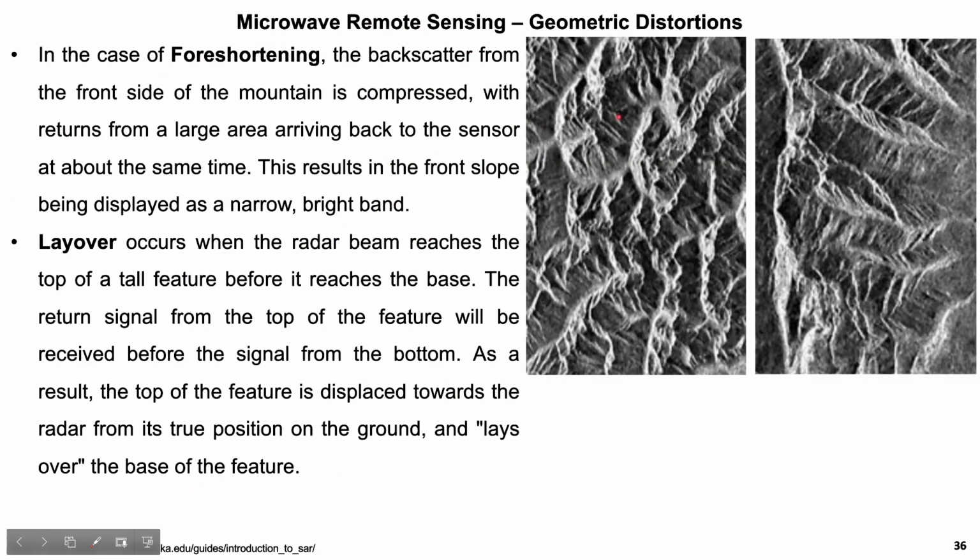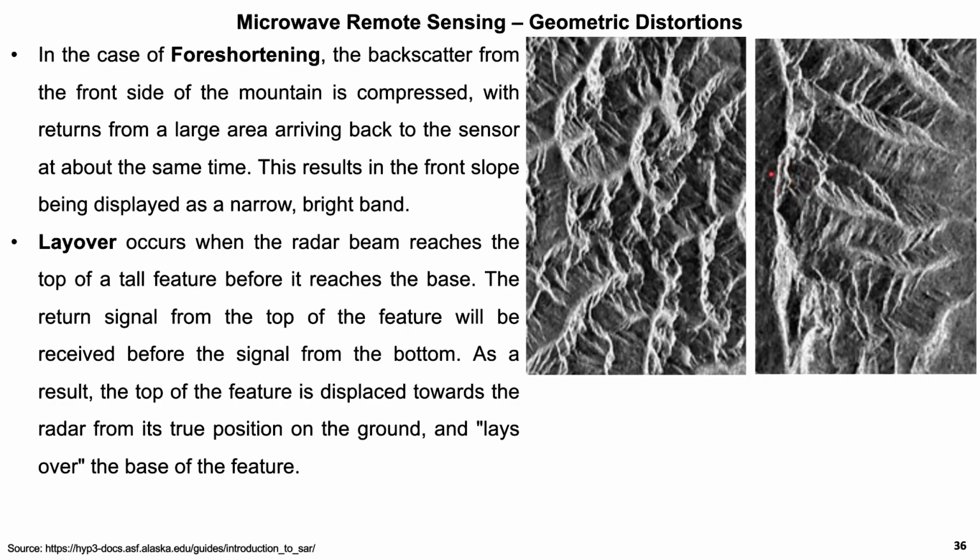You can see the effect of foreshortening in the first image. Your radar is looking in this direction. This is the top of the mountain and this is the bottom of the mountain. The distance between these two is very less, but in actual it will not be like that. And the example of layover: this is the base of the mountain and this is the top of the mountain.